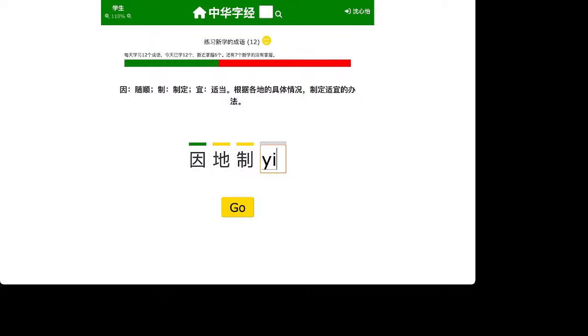Trying not to look at the thing that gives me the answer. And I also suppose that you could do this with handwriting input, and then that should help you remember how to write characters and not just recognize them when you see them on your screen.